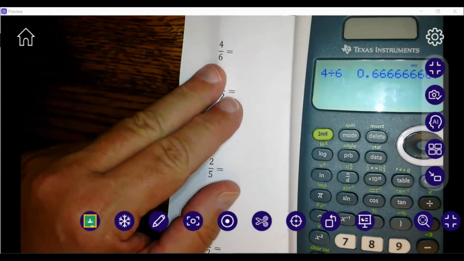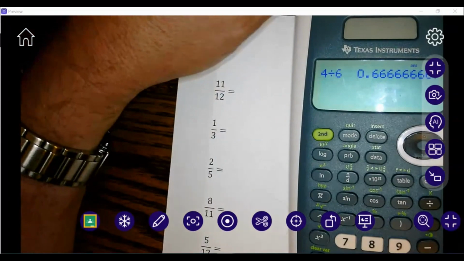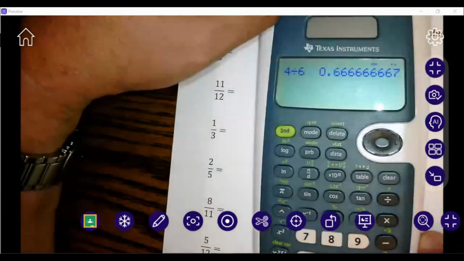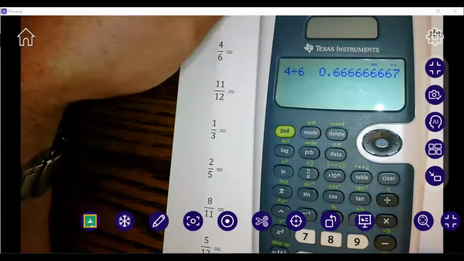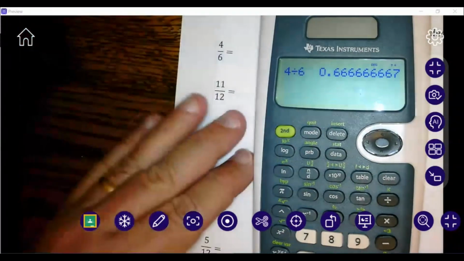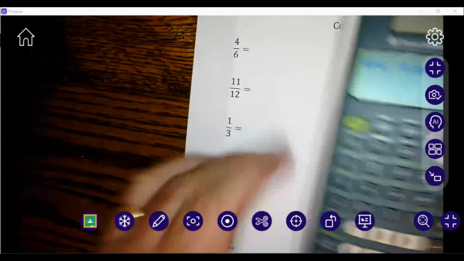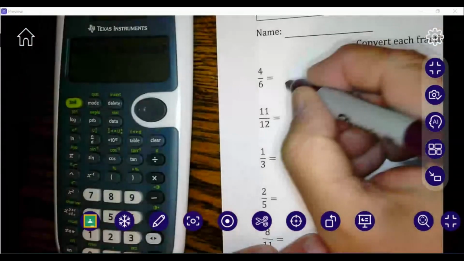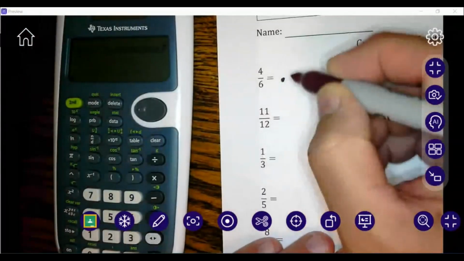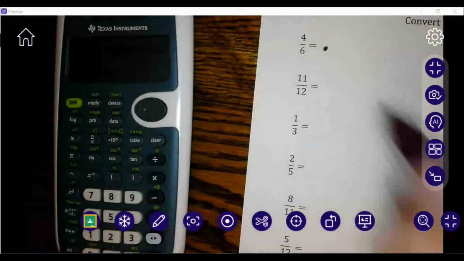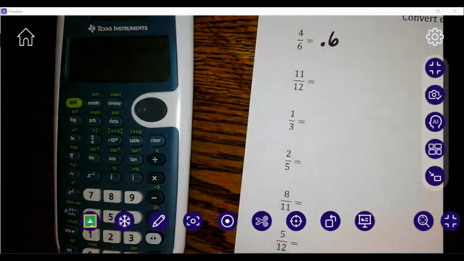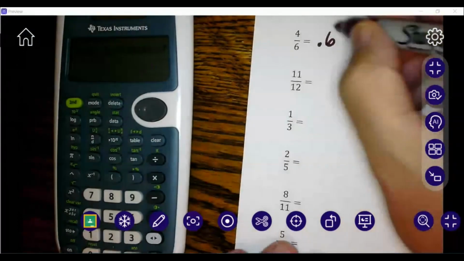When I hit enter, I get 0.66666666666, and the calculator rounded it off way out there at the end. So the answer here, if we use the repeating format, is 0.6 repeating.